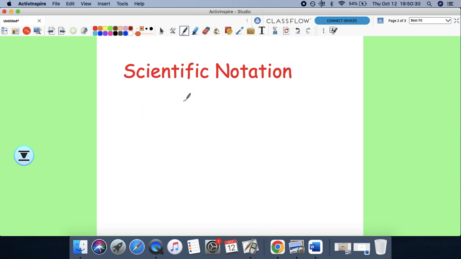Number 4. So you can multiply this out. We have 513,700 times 1,000. You're just going to add 3 zeros because that's what happens when you multiply by 1,000. Now you can take this and write it in scientific notation.